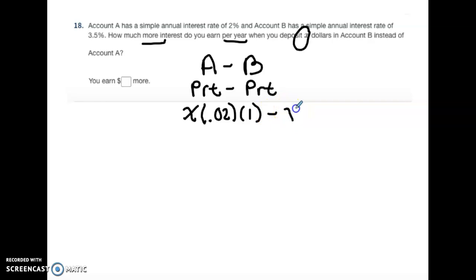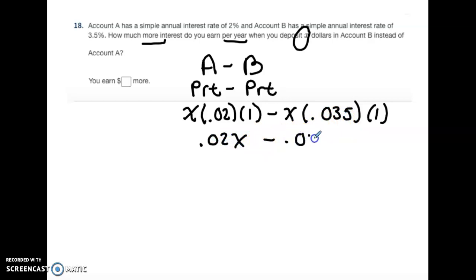Account B is also x dollars, but 3.5%, so move the decimal over twice. Again, 1 year. So multiply, 0.02 times 1 is still 0.02x, and 0.035 times 1, 0.035x. Subtract, we get 0.015x. And that's your final answer.